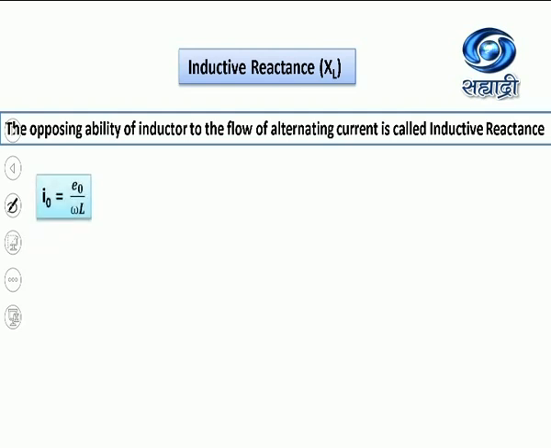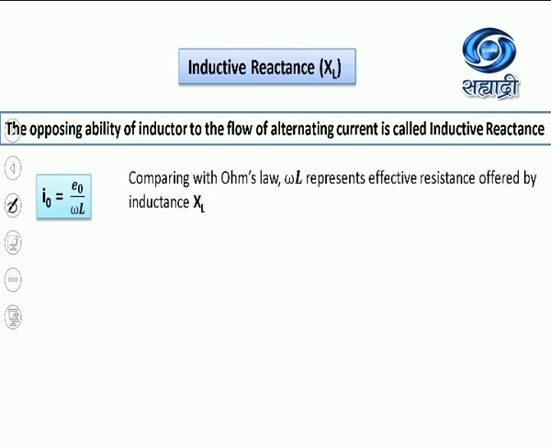Now we know the expression that the peak value of the current is E naught upon omega L. Comparing this with Ohm's law, naturally omega L will represent the resistance offered by the inductor to the flow of alternating current through it. Now resistance we always represent by capital R, and here reactance is represented by X.